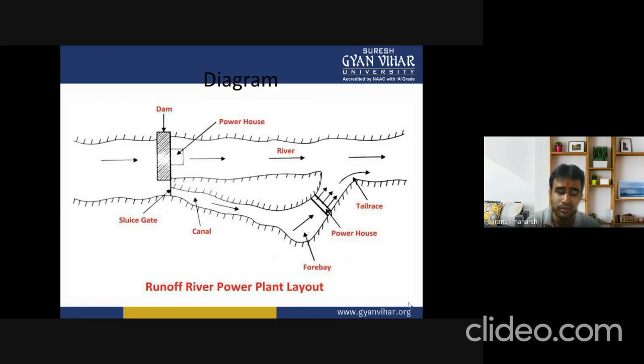Then it is connected through the penstock, and the penstock is connected to the powerhouse, where all types of connections, directions, and controls are controlled through these systems, and where we consider some factors like sluice gate, canal, and the forebay.